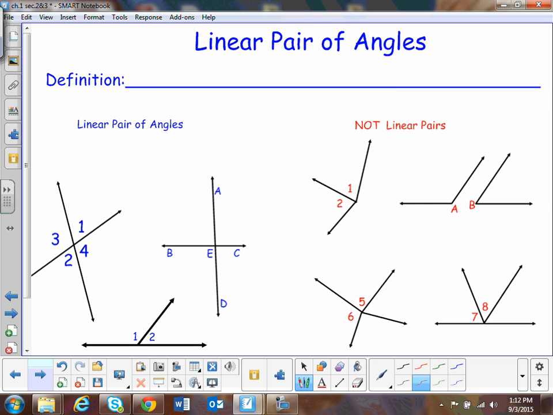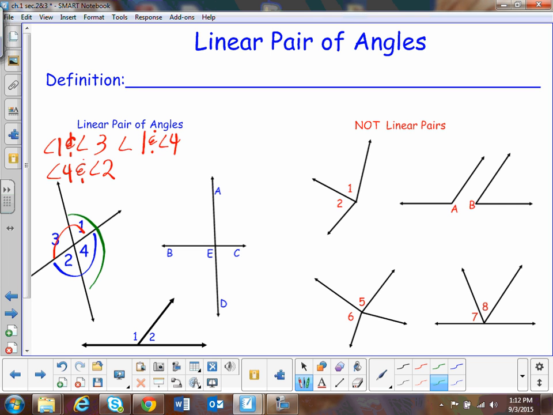Linear pair of angles. Here are some examples of linear pairs. Angle 1 and angle 3. Angle 4 and angle 2. Angle 1 and angle 4.